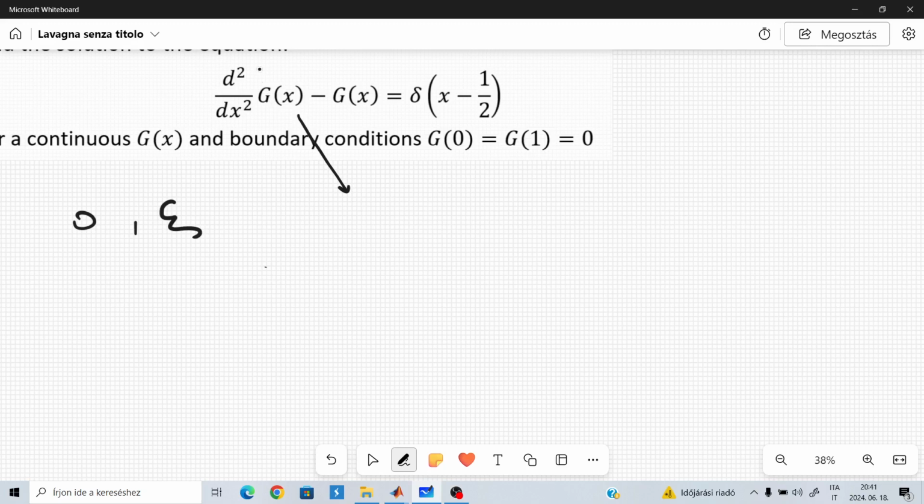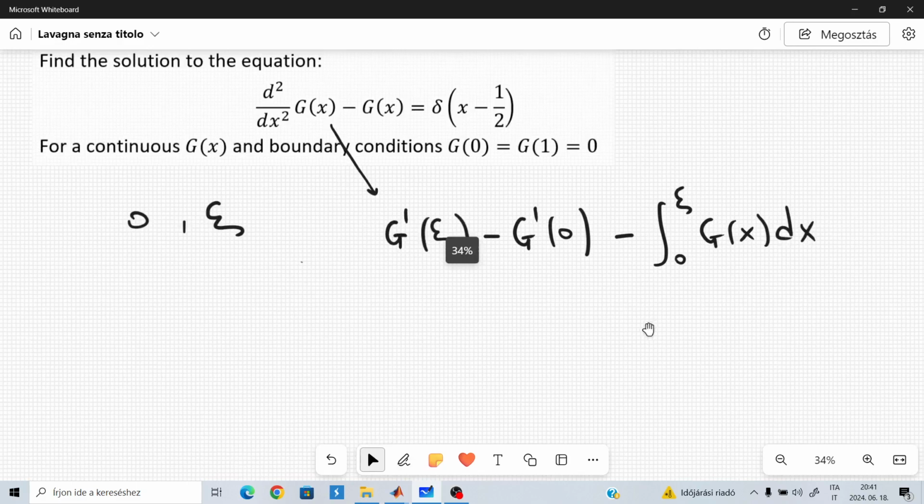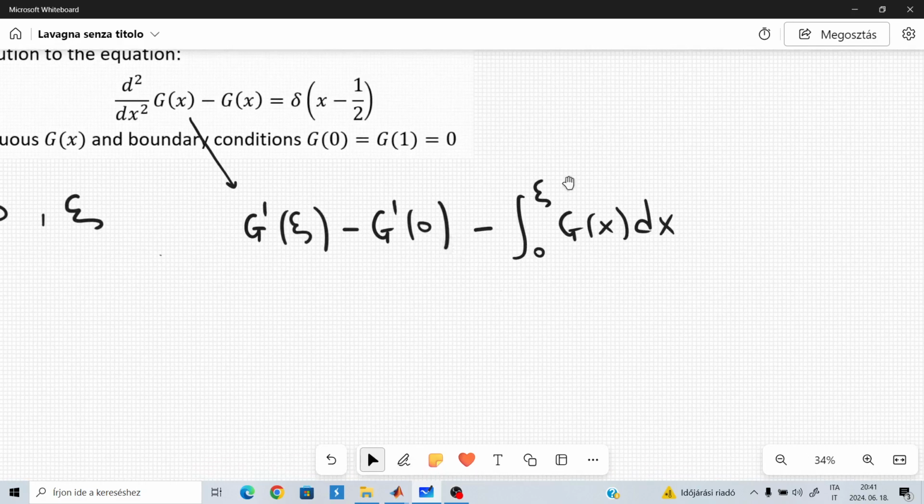Well, if you think about it, this second derivative will give us the first derivative, g prime of xi minus g prime evaluated at 0. So that's the integral from 0 to xi of this second derivative. Then, of course, we have the integral from 0 to xi of g of x dx. And then we have to integrate the Dirac delta.